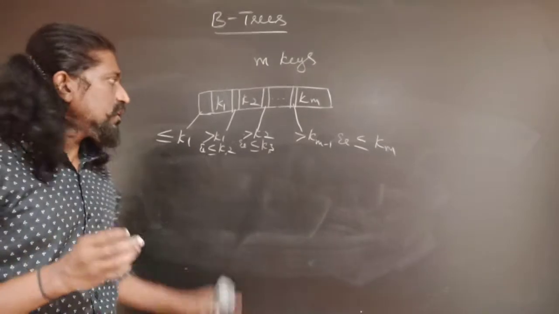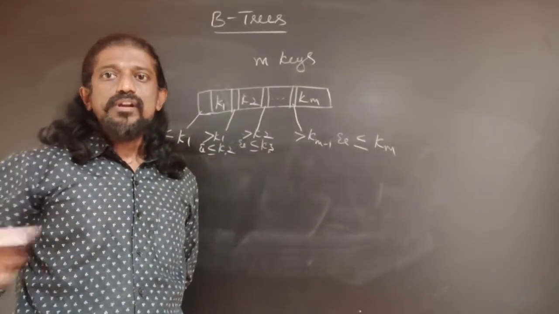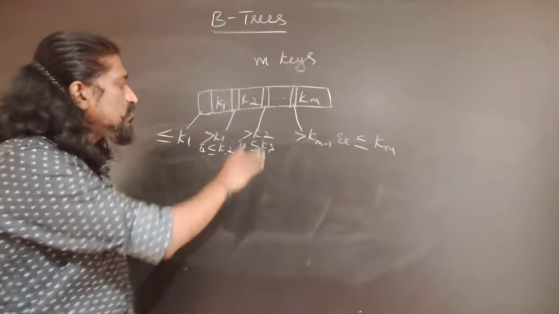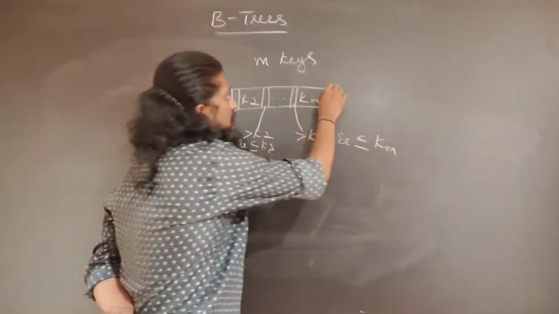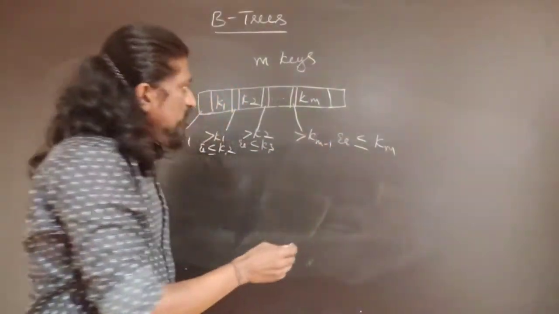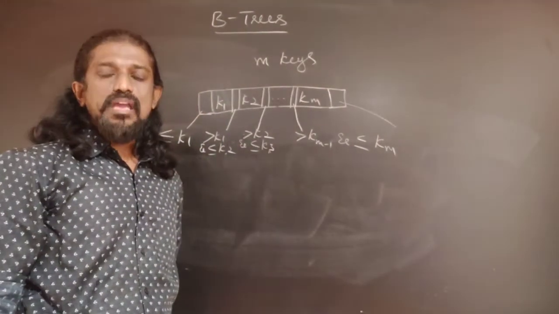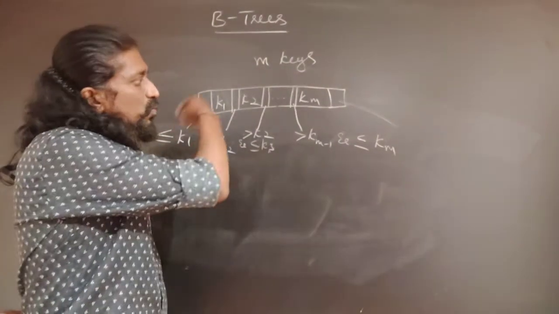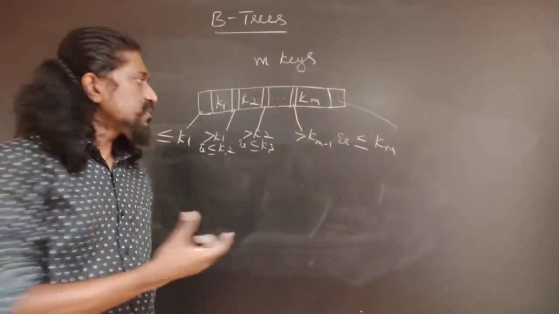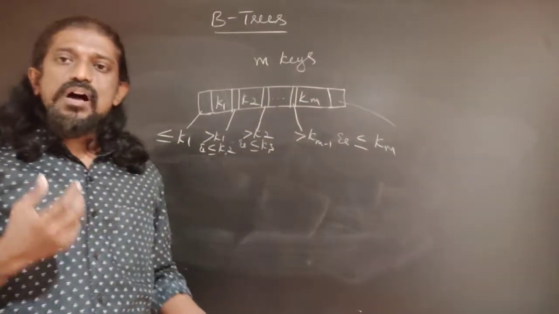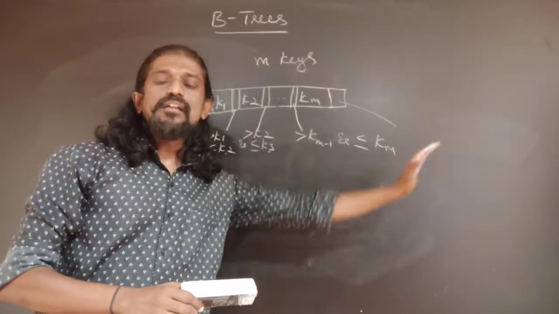There are slight variations in constructing B trees, which are discussed by different authors. Anyway, the B tree that we are going to construct will have this particular pattern. There is always a possibility of having a descendant to the right of km also, and we can construct a B tree in that fashion too. The ultimate purpose of constructing a B tree is to take us quickly to the data record.